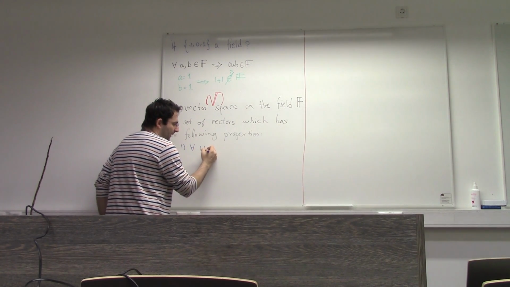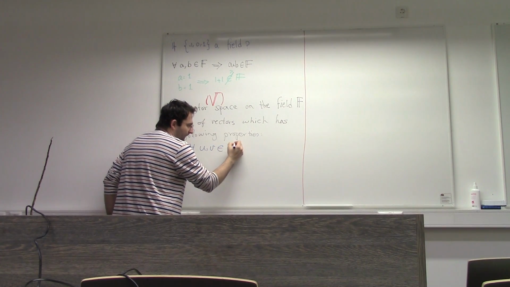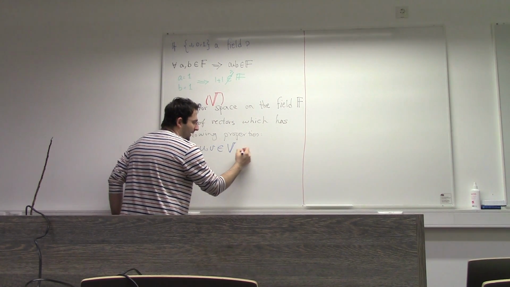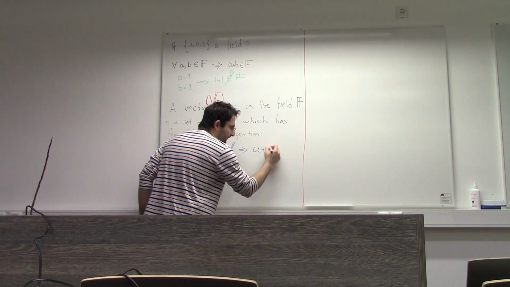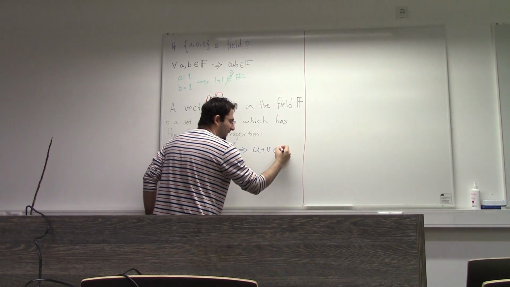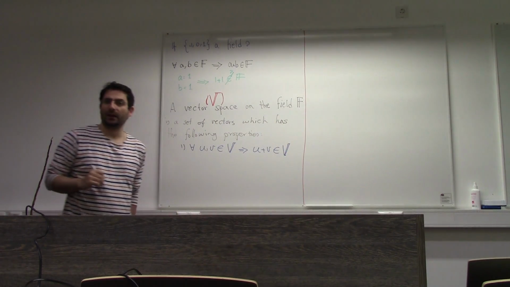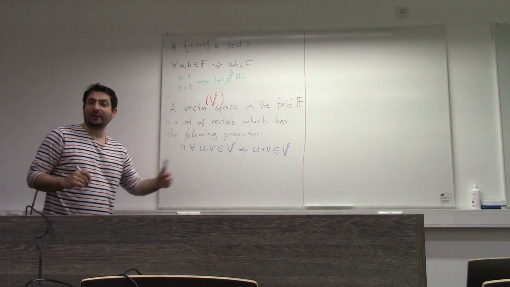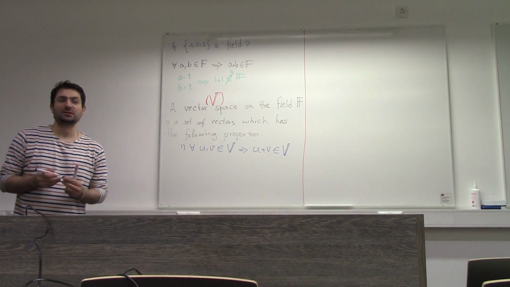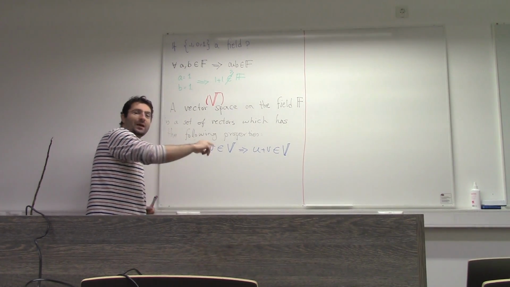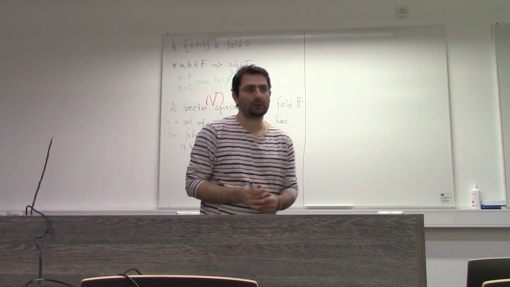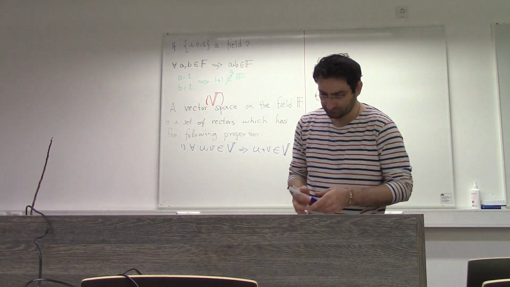For any u and v belonging to V, then u plus v belongs to V. Remember, u and v are vectors now. They are not scalars. They are like, I don't know, u and v belong to R^n. Okay? They are vectors now.